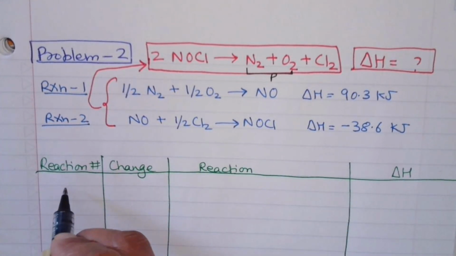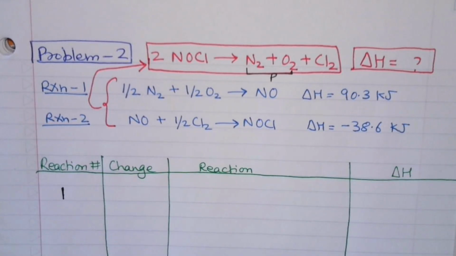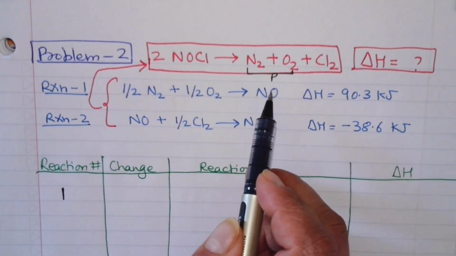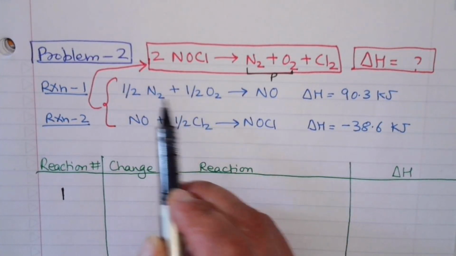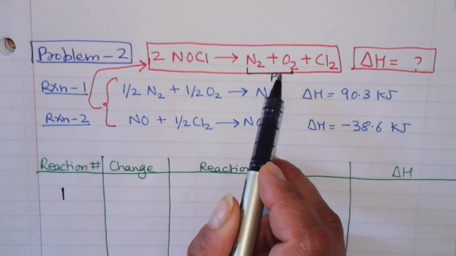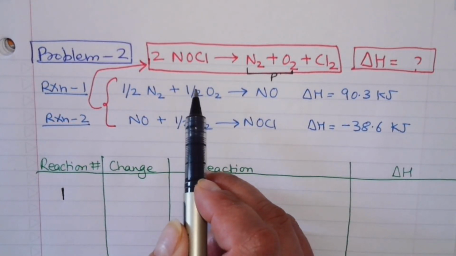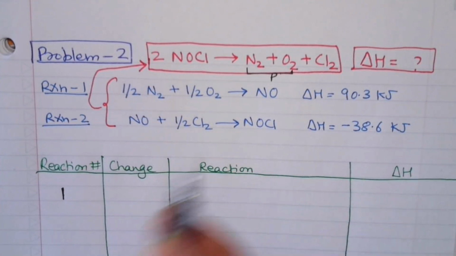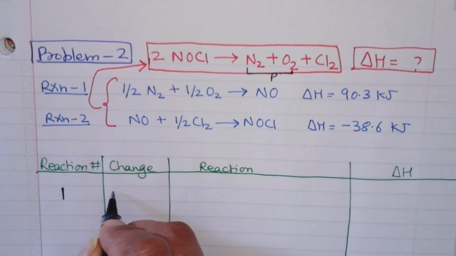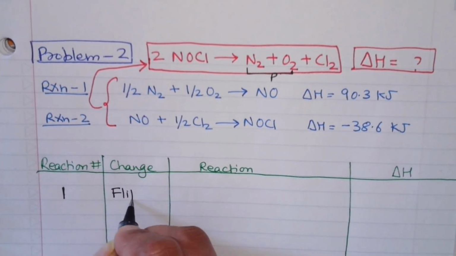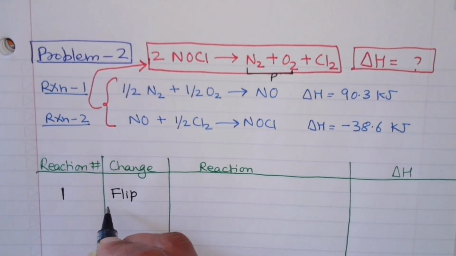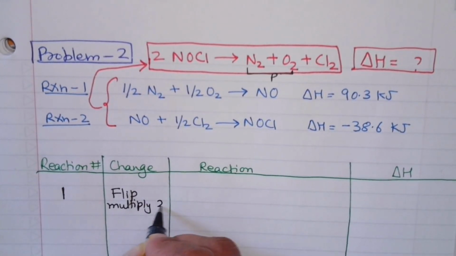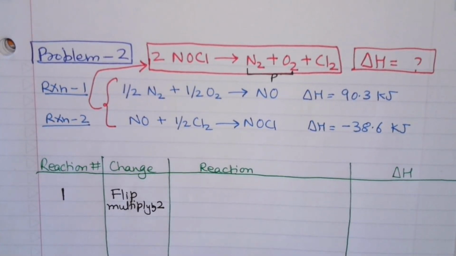So to reaction 1, what change do I need to make? I need to flip or reverse the reaction so that N2 and O2 become our products. So flip, and also I need to multiply this whole equation by 2. So you need to flip reaction 1, and you also need to multiply by 2, right?